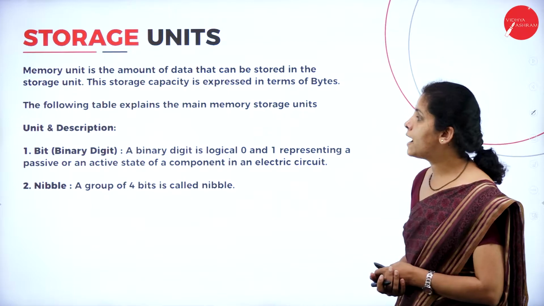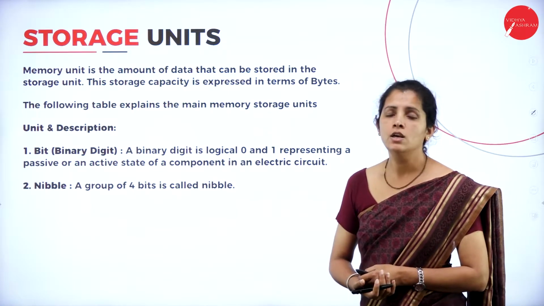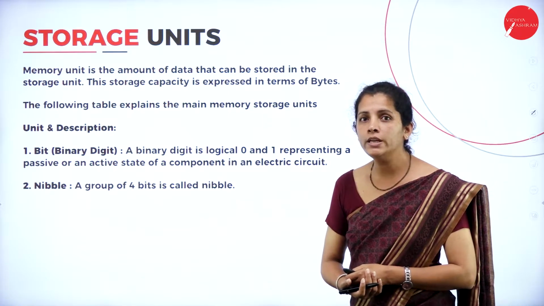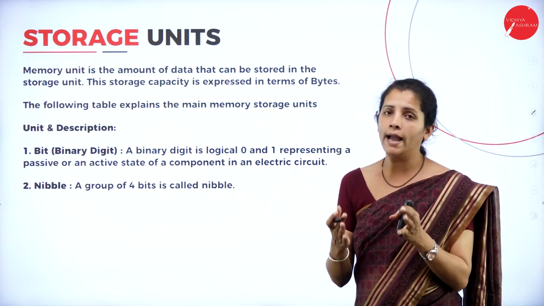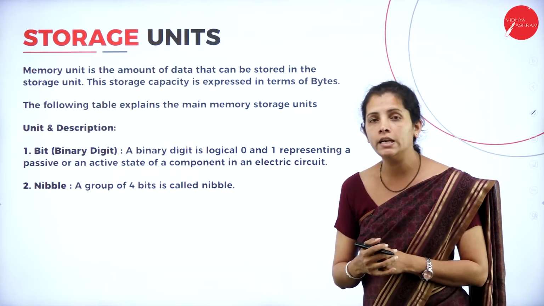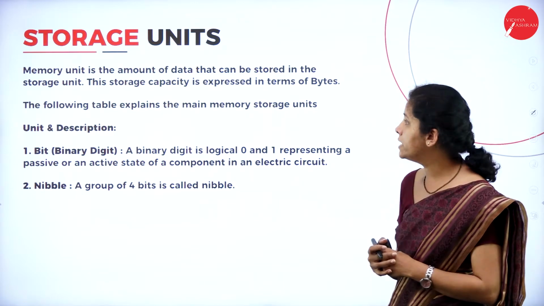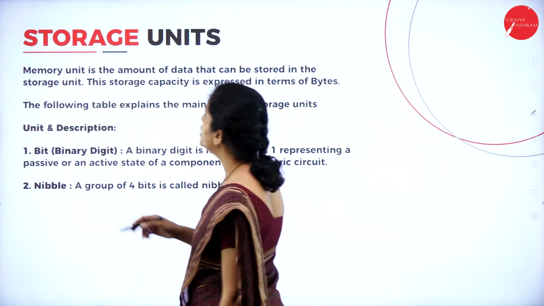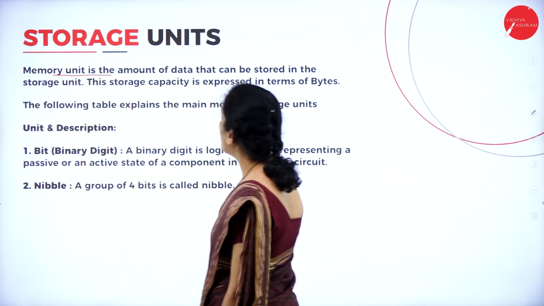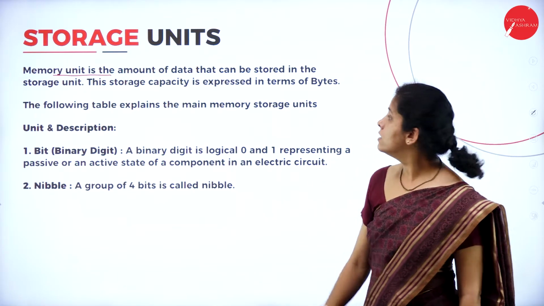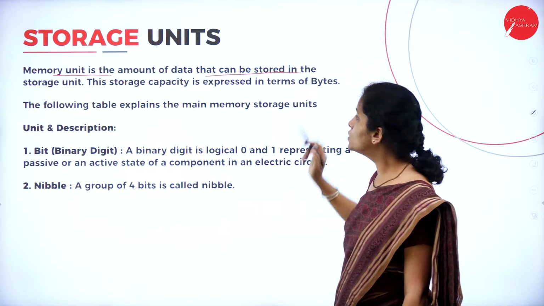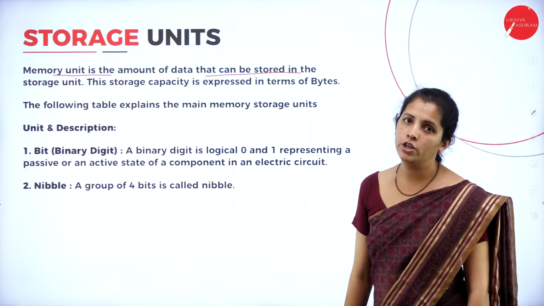Now I'm going to have the storage unit. So what is the storage unit? That means how I can store data in the computer memory. Here the memory unit is the amount of data that can be stored in the storage unit.